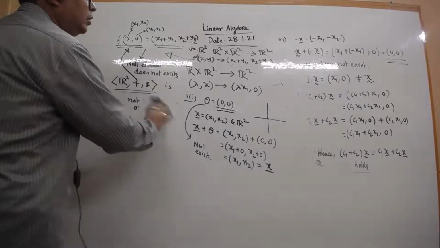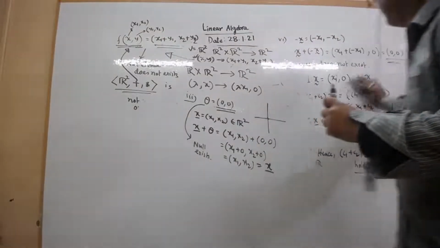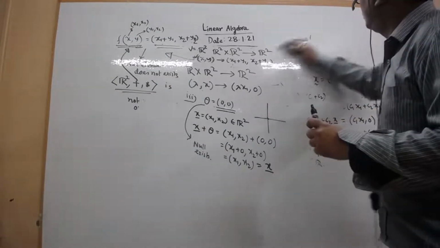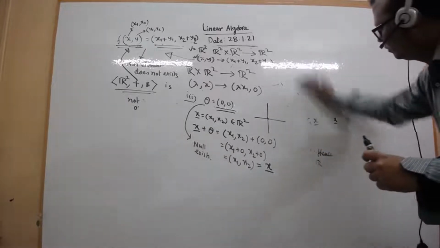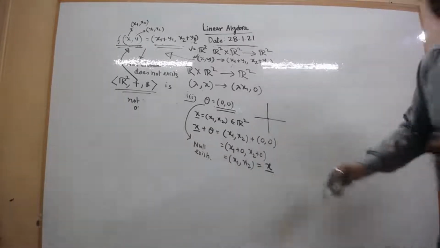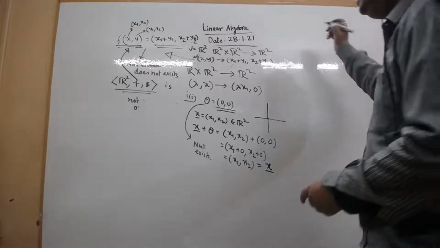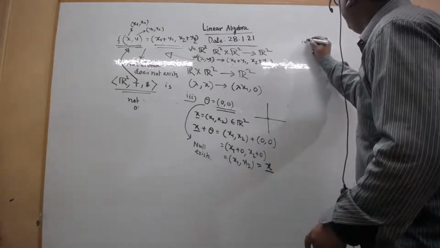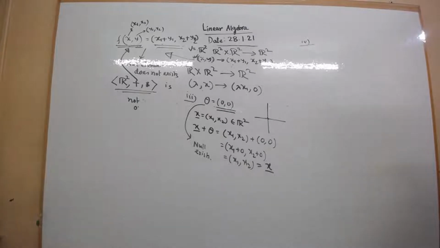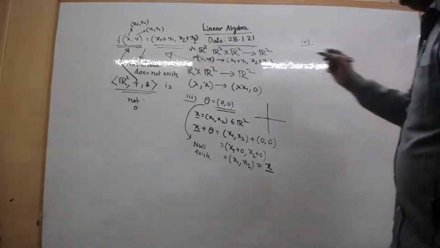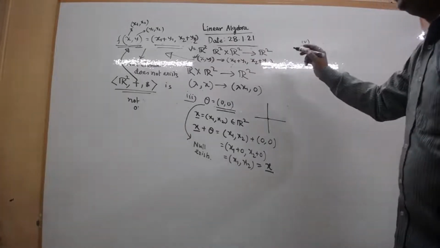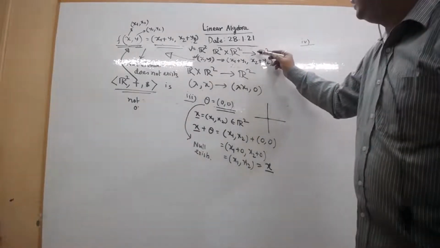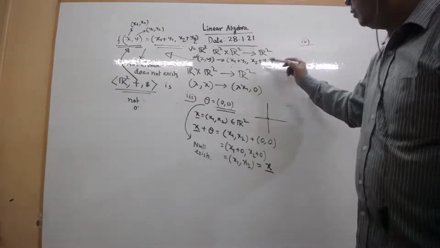Now, next, the fifth point, because the first point is closure under vector addition.